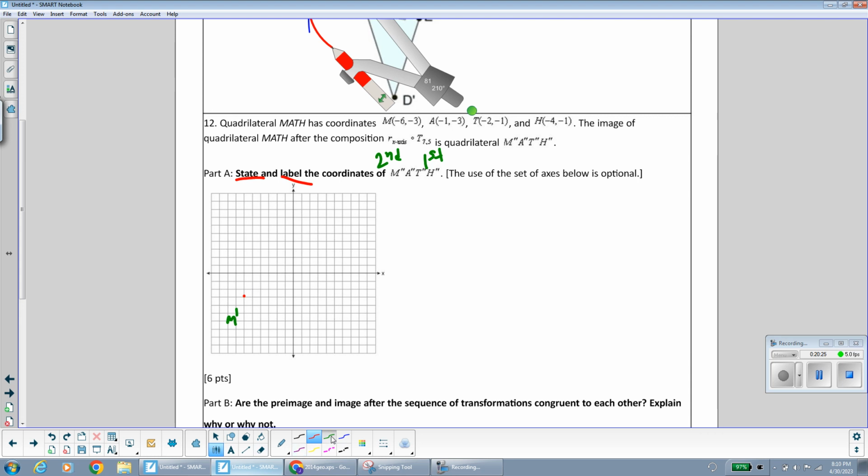Okay, -1. Let me get the same color. -1, 1, 2, 3. So that is, oops, why am I labeling it that? It's the original one. There we go. -2, -1, and -4, -1.